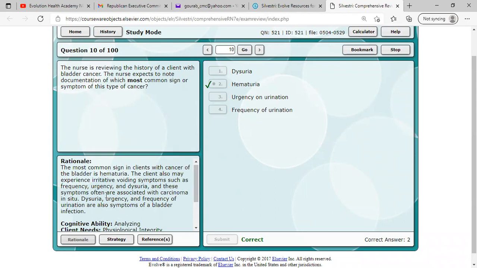These symptoms often are associated with carcinoma in situ. Dysuria, urgency, and frequency of urine are also symptoms of bladder cancer, but not the most common sign.